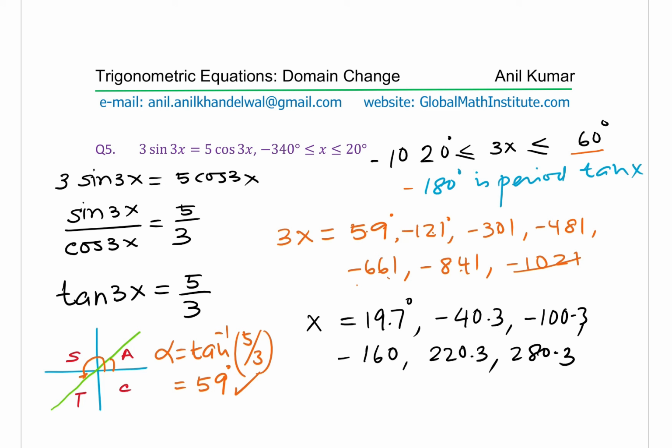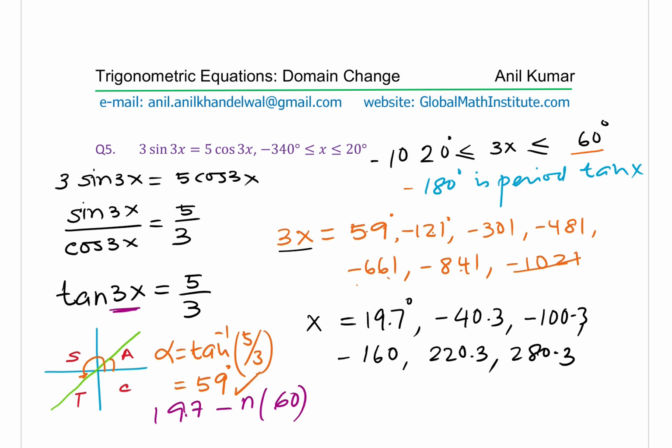Well, some of you could have also done one thing. We know the period for 3x will be 180 divided by 3, that is 60 each time. So I'm writing it in a different way so that you understand that could be an alternate way. The first one was 19.7, and you can keep taking away from this n times 60, because that is the period of 3x.